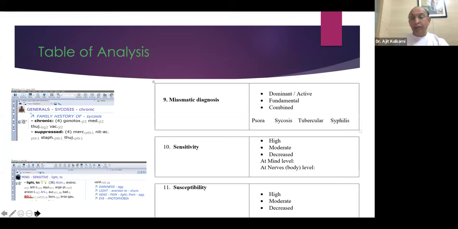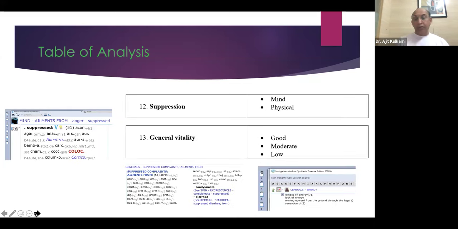It is being presented through high, moderate, decrease at mind level and at the nerves or body level. Then susceptibility, 3 types: high, moderate, decrease. Separation, whether at the mind level or at the physical level. And you will find here at the left side, I have given the repertorial analysis.